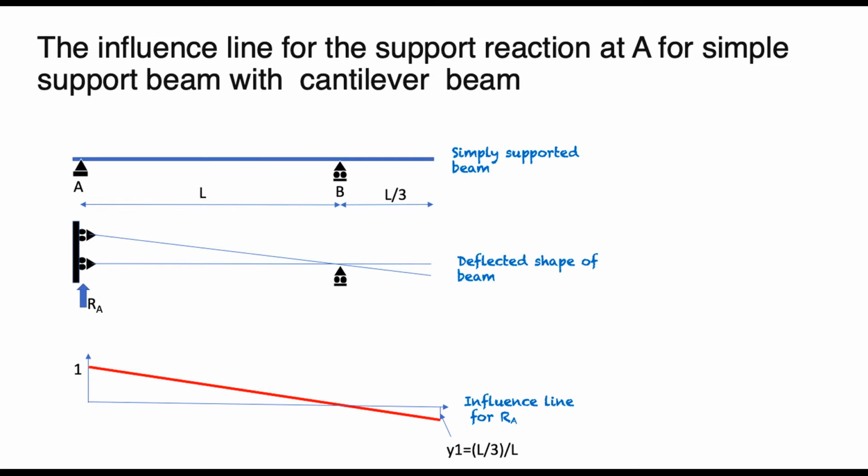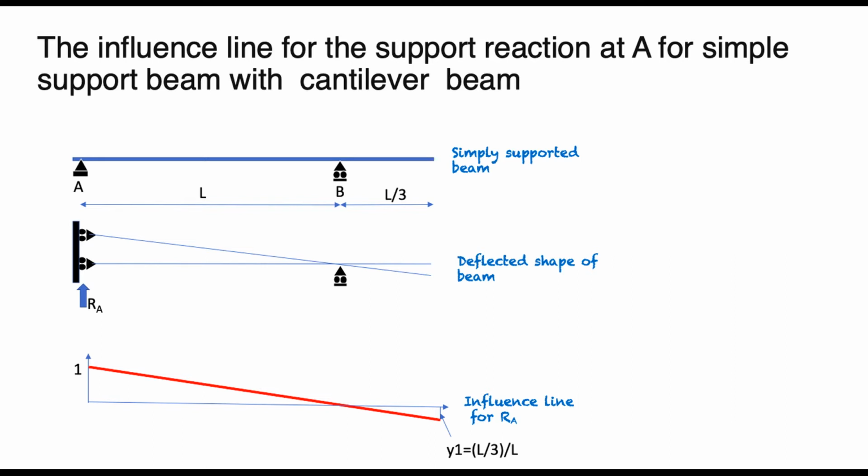This is another example for this simply supported beam, but this time it has overhanging over a support beam. Similar with the simply supported beam, we can get RA and also RB influence line.